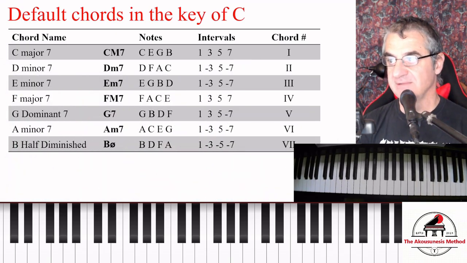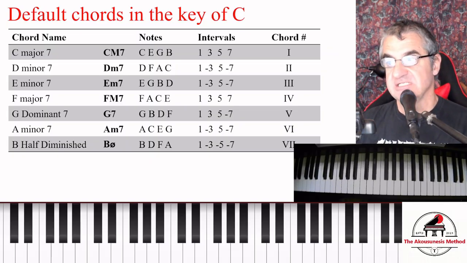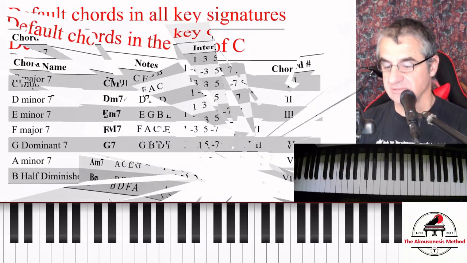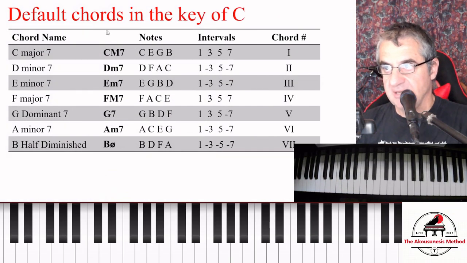chords. Okay, so this is them in a table. So we can see the formula there, 1, 3, 5, 7. Go back. That's the same slide. The C major 7th and the F major 7th have the same character, just different root notes.